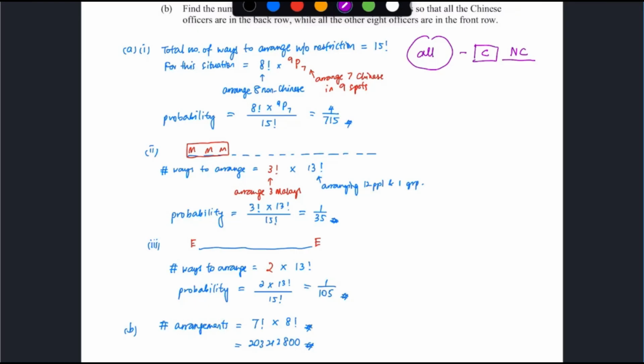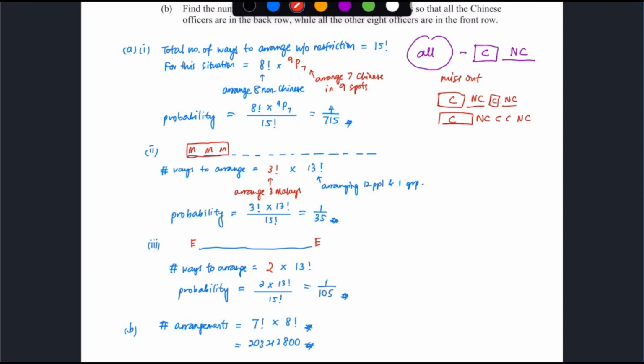So actually, we are missing out these cases. For example, we have one Chinese and then a group of non-Chinese, then one more Chinese here, something like that. Or one big group of Chinese, non-Chinese, then Chinese, Chinese, non-Chinese, like that. So we are missing out these cases.